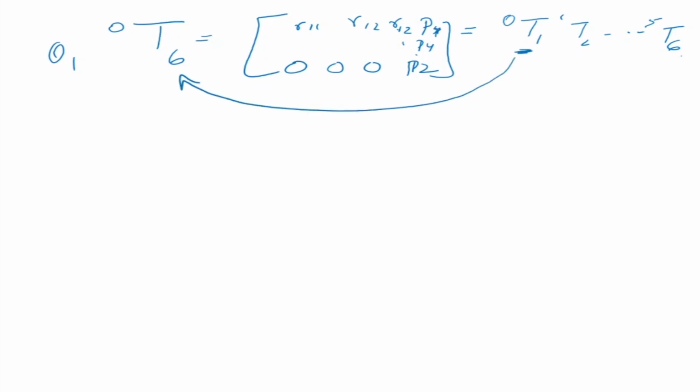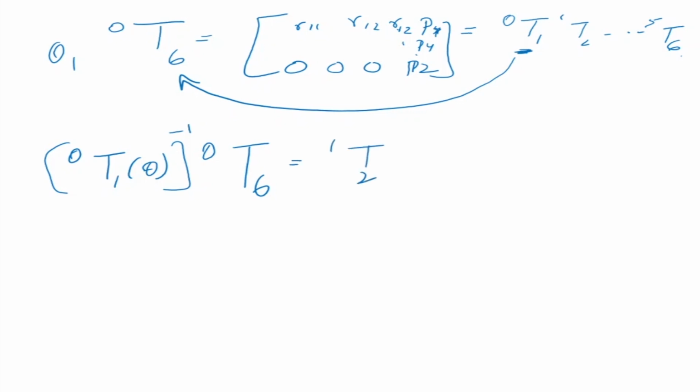So I'm doing T0 to 1, which contains theta 1, inverse, multiplying this with T0 to 6. And what will be left on the right side is T1 to 2, 2 to 3, 3 to 4, 4 to 5, and 5 to 6. So essentially I'm removing theta 1 from the right hand side and bringing it to the left side. The variables here are theta 2 to theta 6. Theta 1 has gone to this side now.